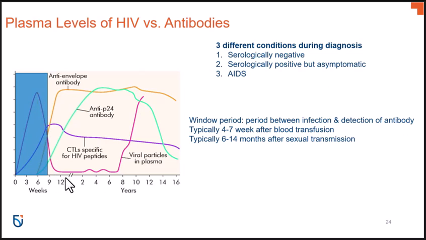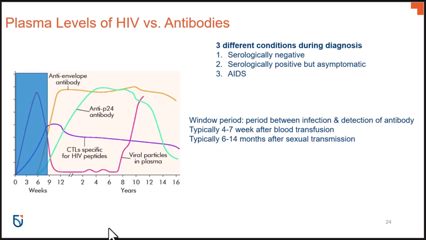What is slower and takes longer to develop is the presence of antibodies. So we can see antibodies increasing later on. With this big increase in viral particles, it drops down and remains down here, dormant, until it becomes active again.